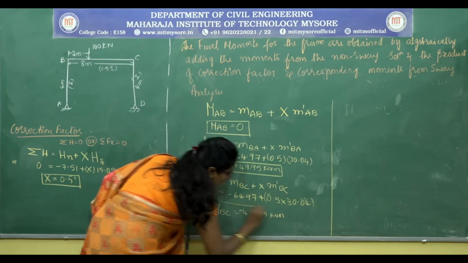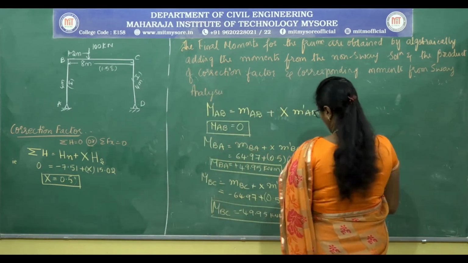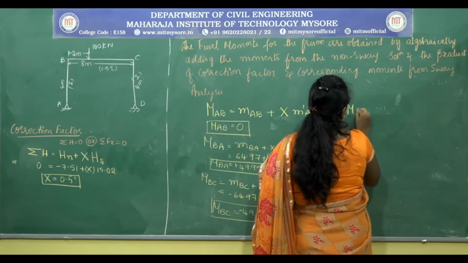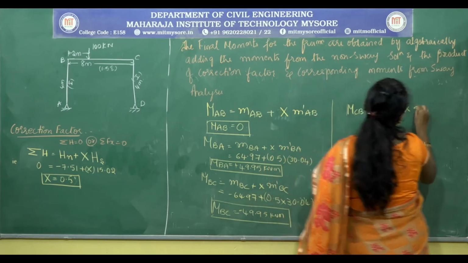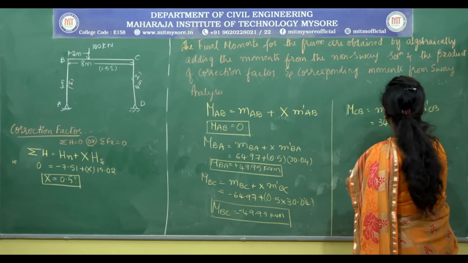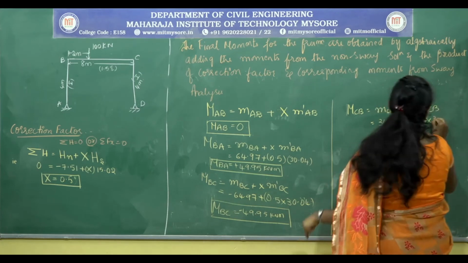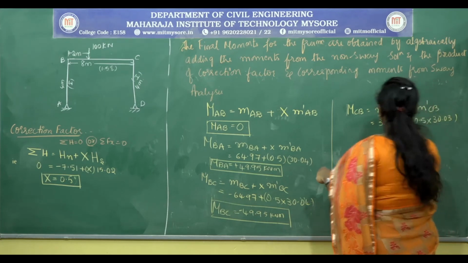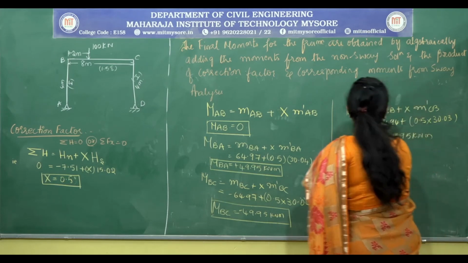Then MCB plus X into M dash CB is 34.94 plus 0.5 into 30.03, which is 49.95 kilonewton meter.